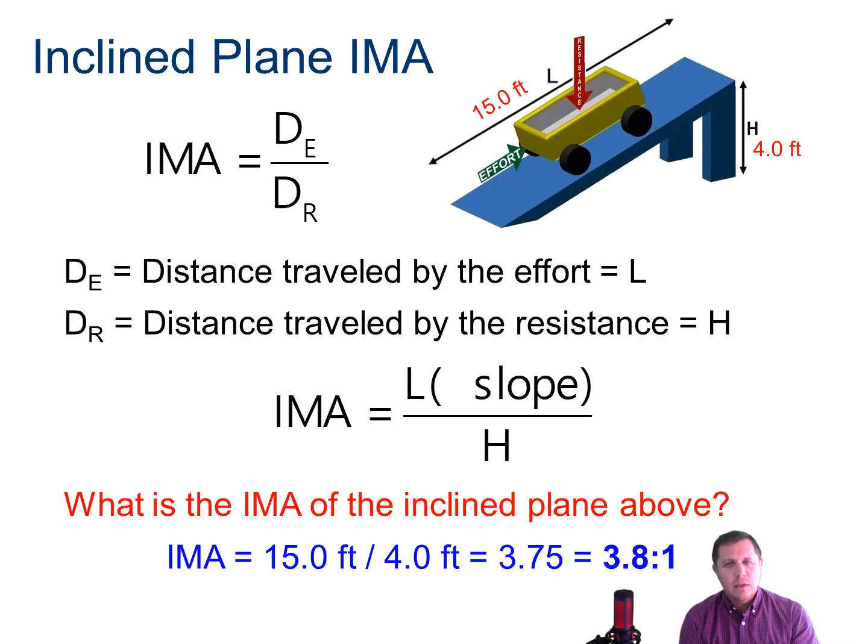So it's still DE over DR, but we just have to be aware that the effort distance is DE and the resistance distance is DR. Doing our calculation, we have an IMA of 15 feet divided by 4 feet, and we get our slope there, rounded to 3.8 to 1.